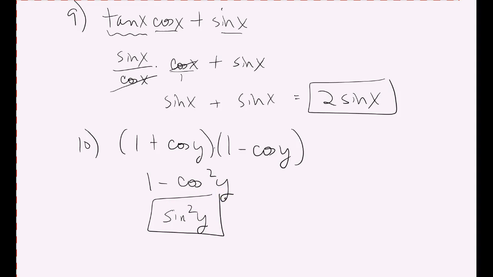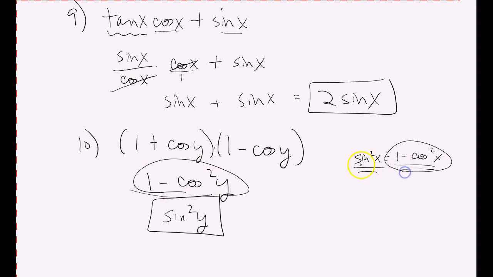And so that would be your answer. You can replace all of this with that because that's exactly what it says. I think it used an x. So it said sine squared of x equals 1 minus cosine squared of x. So if you see that, you can replace it with that, and that's what I just did. All of that was there, so I replaced it with that, and that's the final answer.